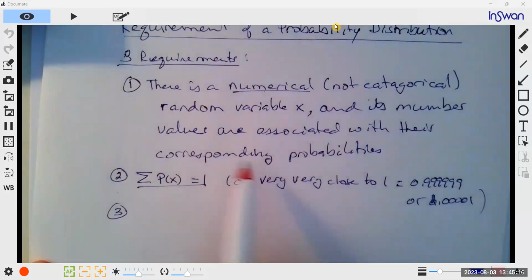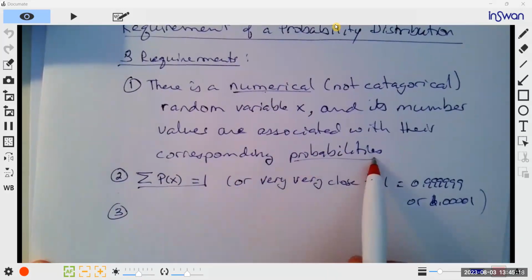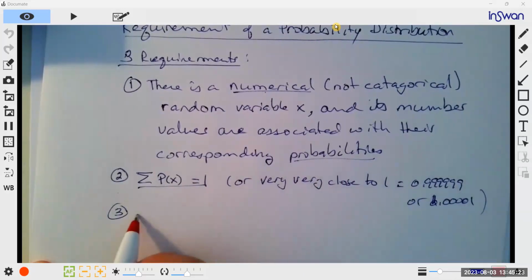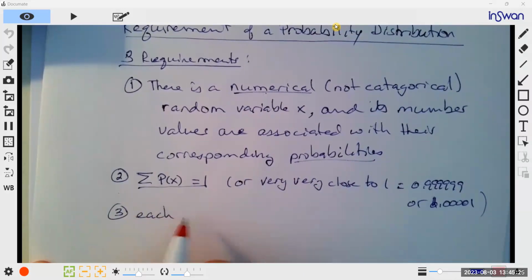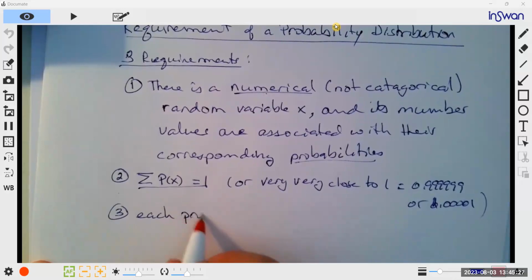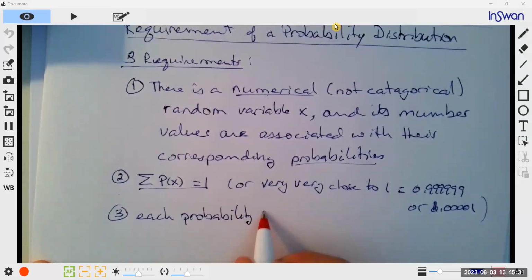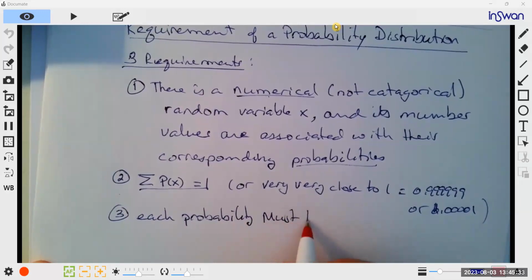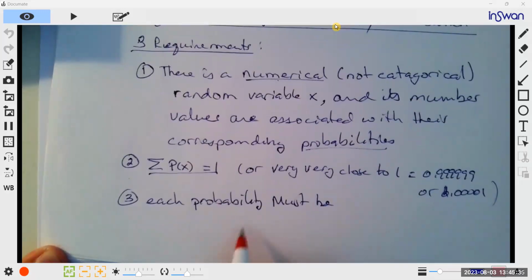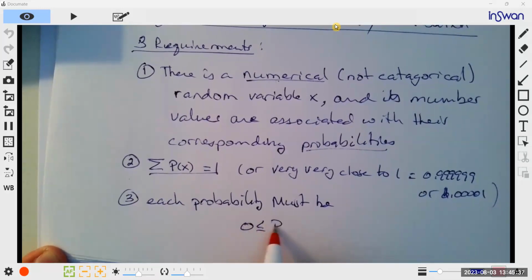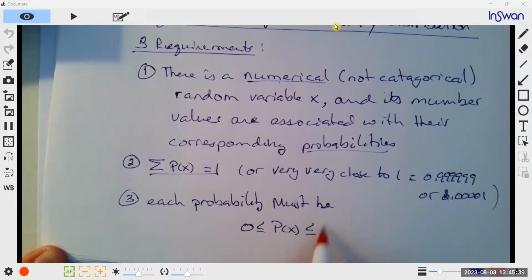So the first one says you have to have probabilities. The sum of those probabilities has to equal 1. And each probability must be between 0 and 1.